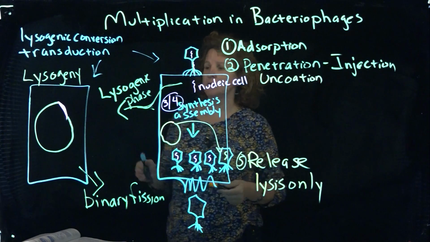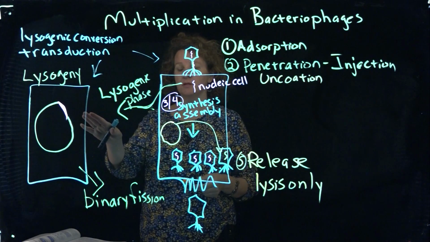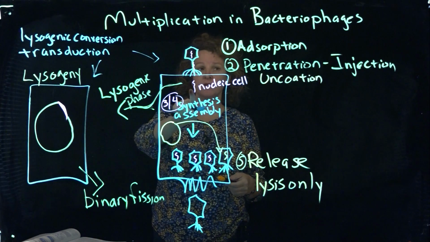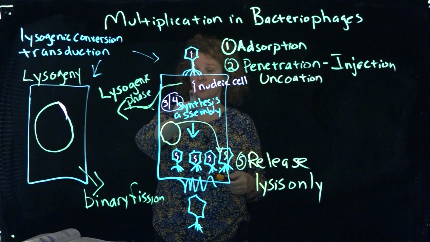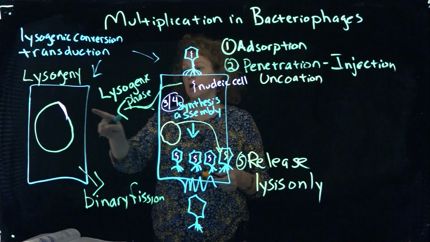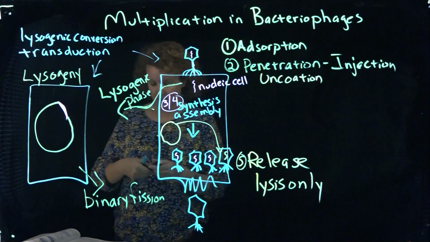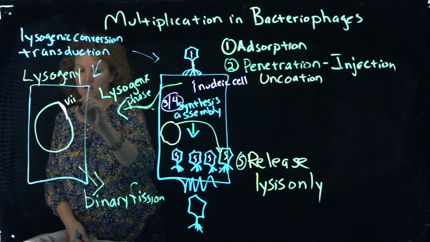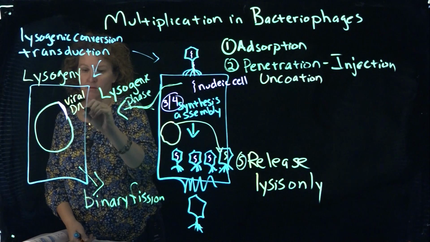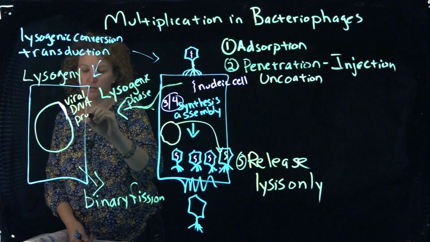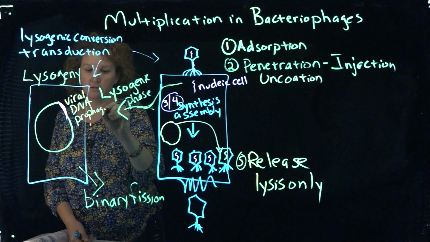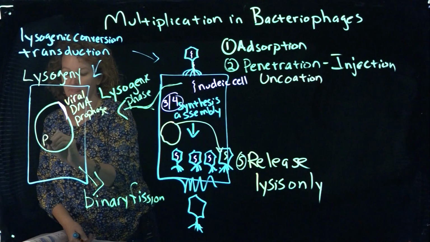And then other times these bacteria can go into what's called the lysogenic phase. So after the penetration and uncoating, that piece of nucleic acid, let me label that there, and that's typically called prophage, gets incorporated into the bacterial chromosome.